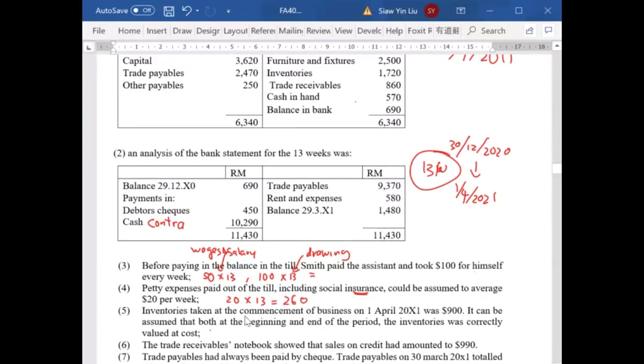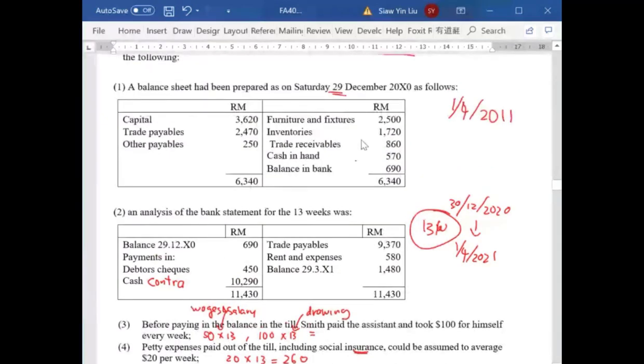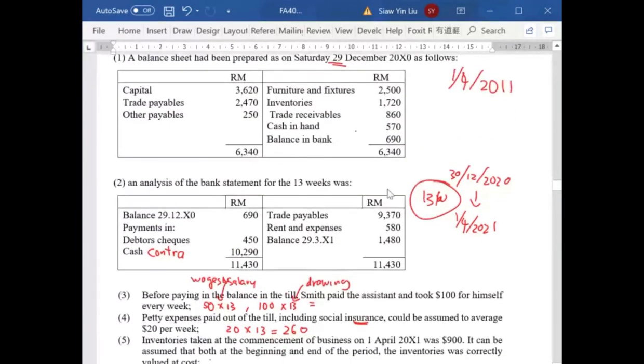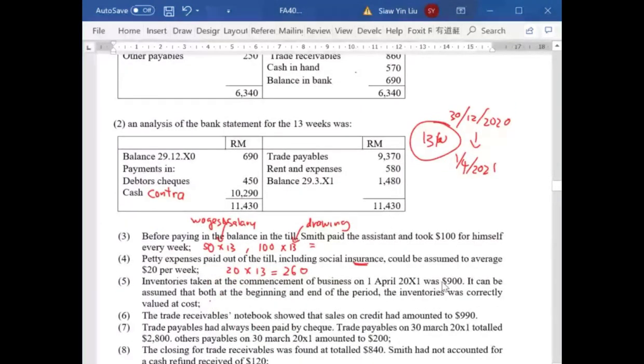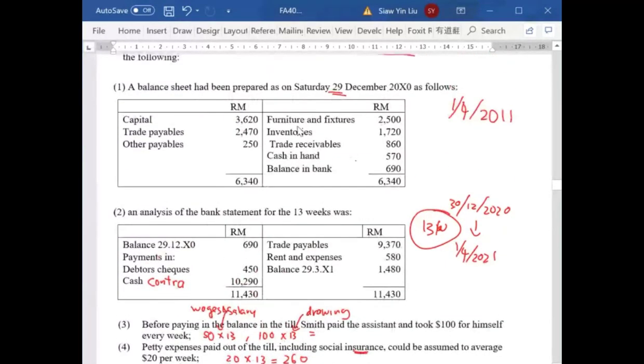260. Okay. Now, inventory taken at the commencement of business last year, they give you this 900. It can be assumed that both at the beginning and at the end of the period it was correct. So inventory, if you look at here, this is your closing inventory on 1st of April, and this is your opening inventory.